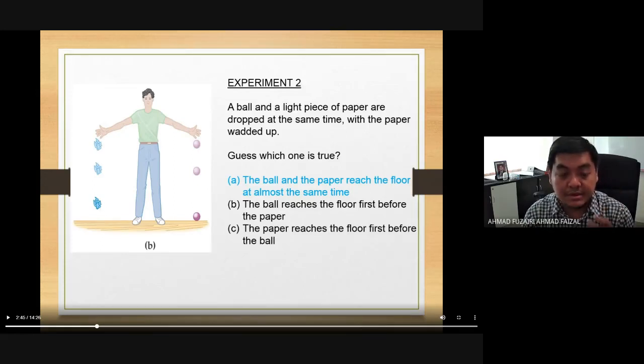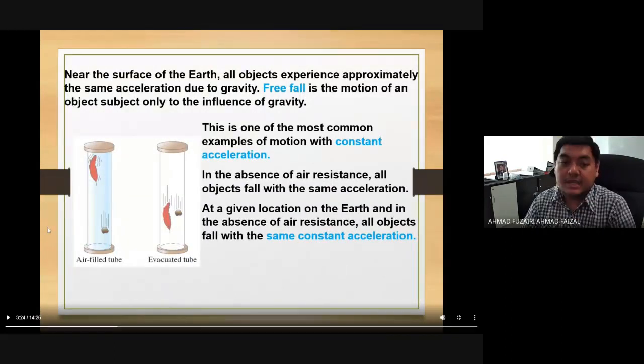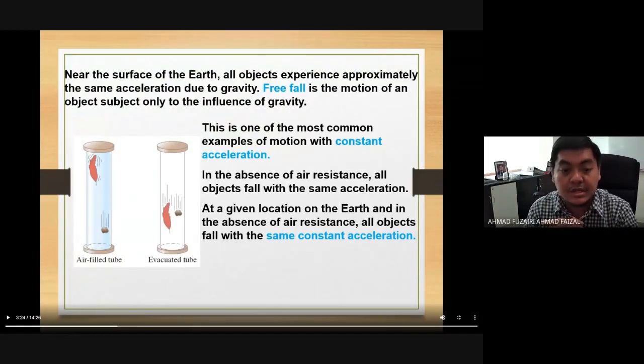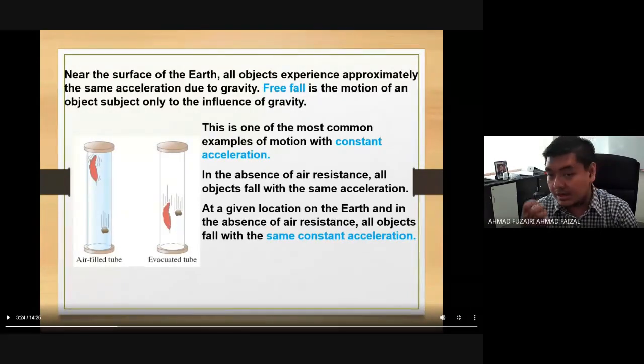The motion in one dimension, of course, is related to gravity. That's why we try to do it in a vacuum, where one tube has been filled with air and another is an evacuated tube. Evacuated tube means that we suck out all the air inside the tube, so we can say that the tube is a vacuum.